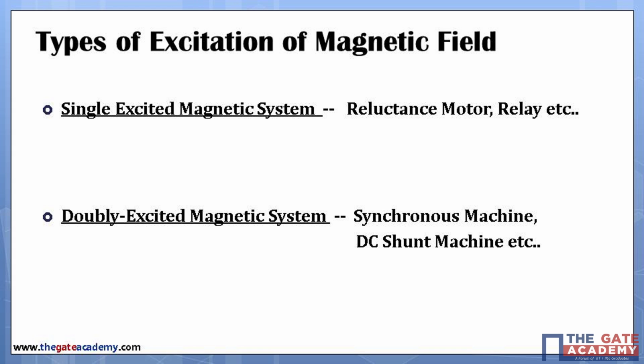Now the magnetic field can be generated in two ways.